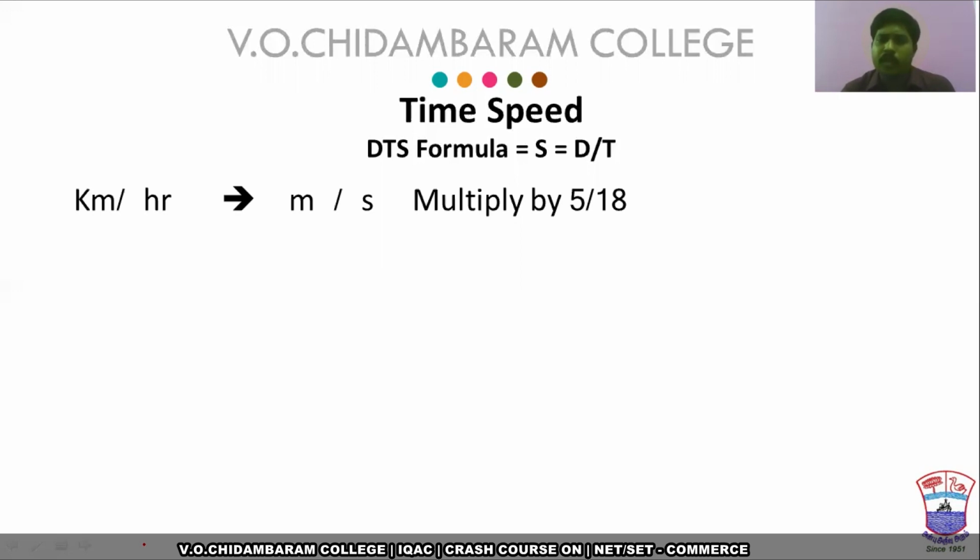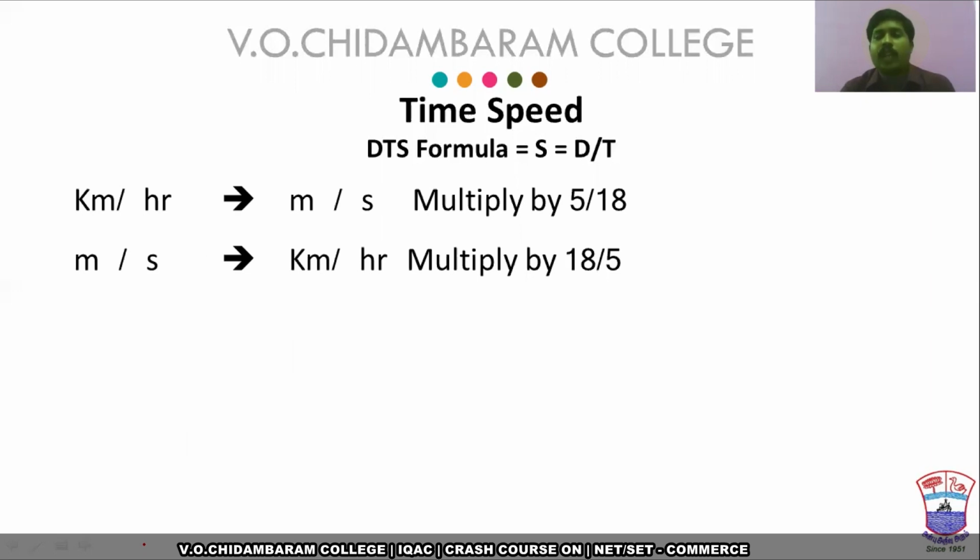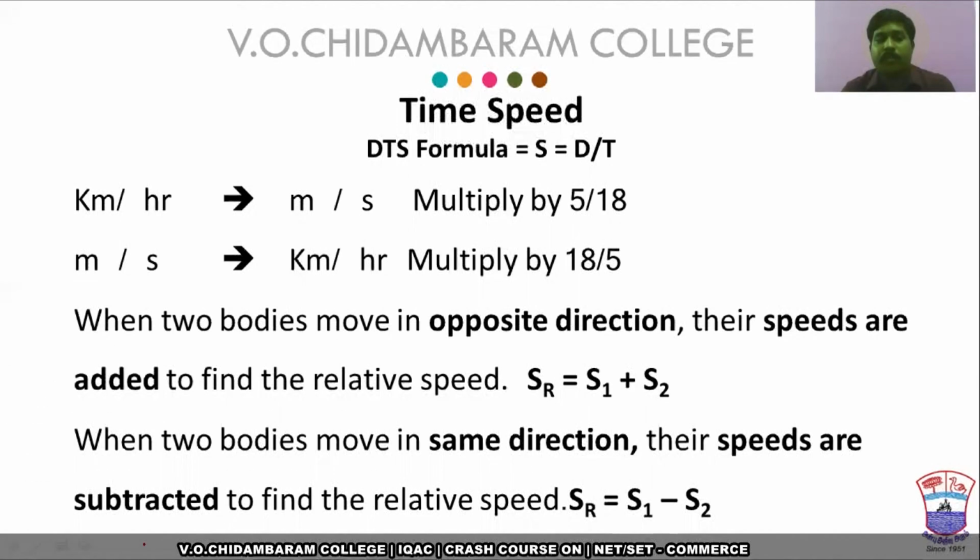So if you want to transfer kilometer per hour to meter per second, kilometer per hour is multiplied by 5 by 18. Similarly, meter per second is converted into kilometer per hour when it's multiplied by the reciprocal, 18 by 5.